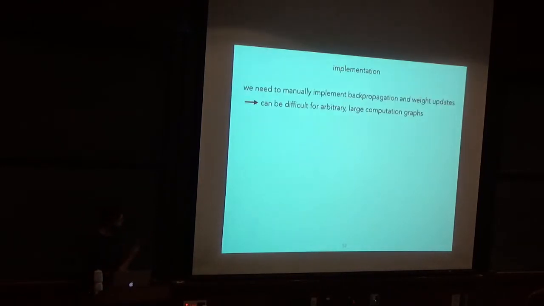But for this implementation, we would need to calculate all of the gradients ourselves. That's quite tedious and can be error-prone. So in general, most deep learning libraries, as I said, will automatically handle the differentiation for you. Most of them have a lot of machinery set up to construct these networks very easily.